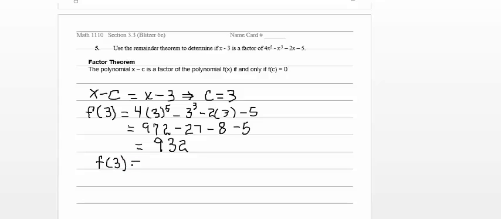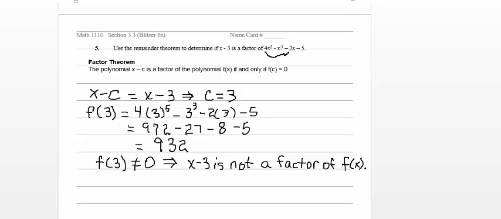So the remainder, when I divide by x minus 3, is not 0. F of 3 is not 0, it's 932. I can conclude that x minus 3 is not a factor of my function f of x. And that's what the remainder theorem and the factor theorem give me. In this case, f of x is my divisor.